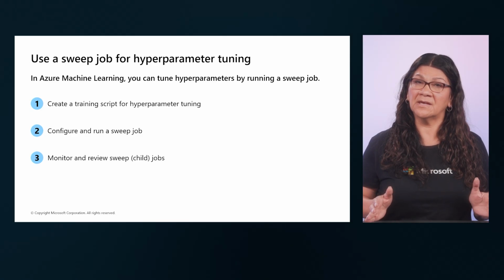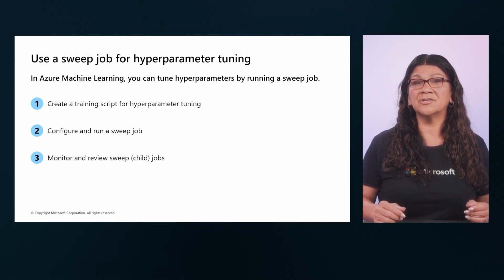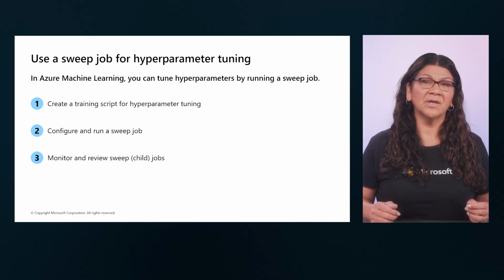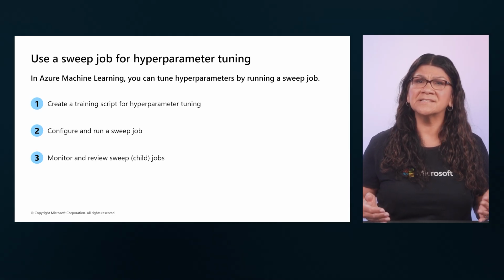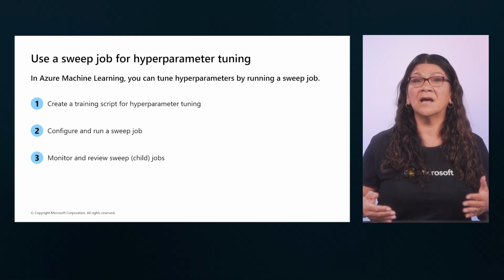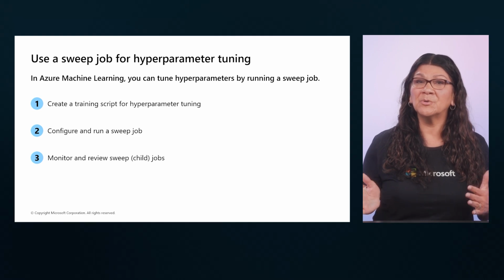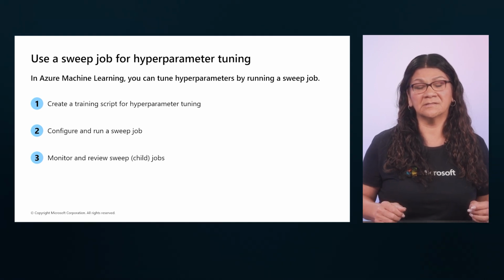Once the sweep begins, monitor and review the child trials inside your Azure Machine Learning Studio. Each trial logs metrics and artifacts, and you can visualize and compare runs, adjusting charts to examine relationships between hyperparameter values and results.